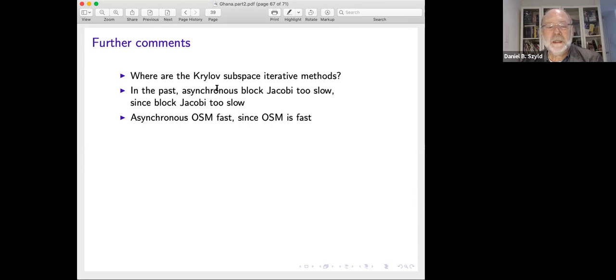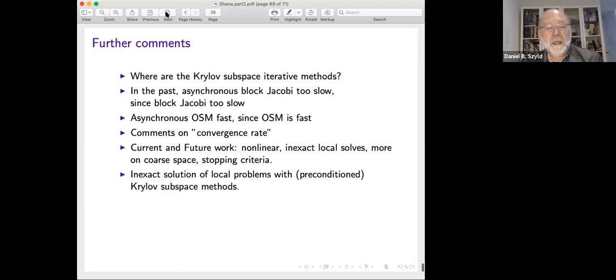The difference now is that we are using optimal Schwarz method, which is fast. Also, in a way, we were ahead of our times because now is when we have these gigantic machines where communication is at a premium.